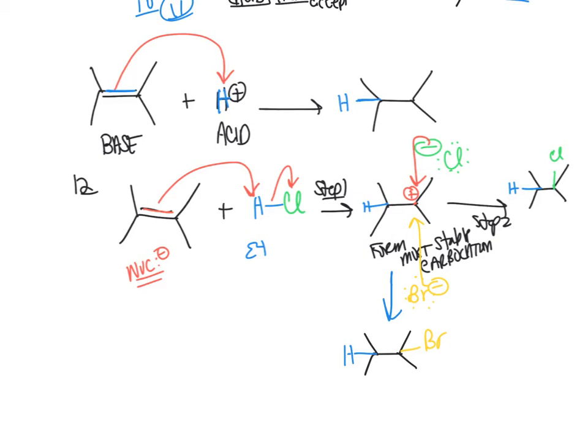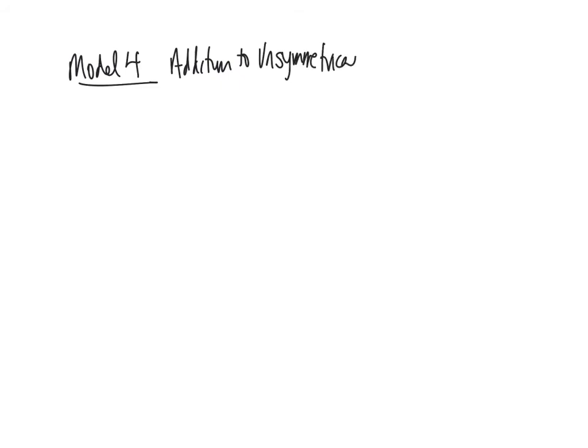Okay, we are on our last model for this section, Model 4. This is addition to unsymmetrical alkenes.